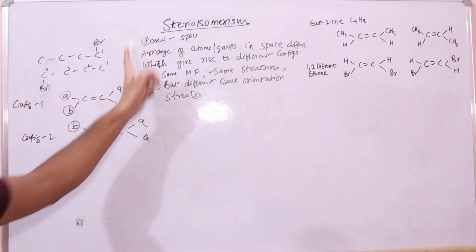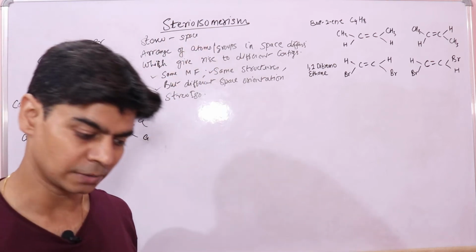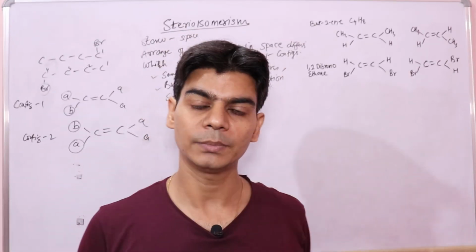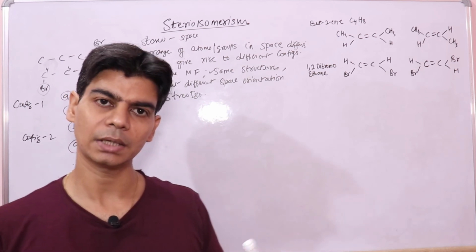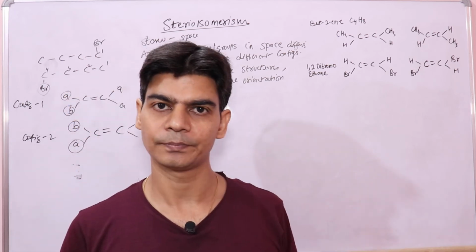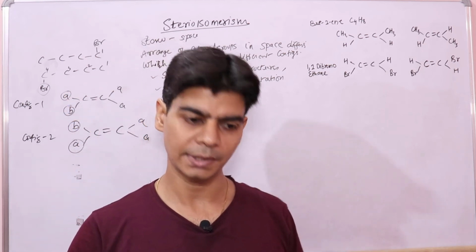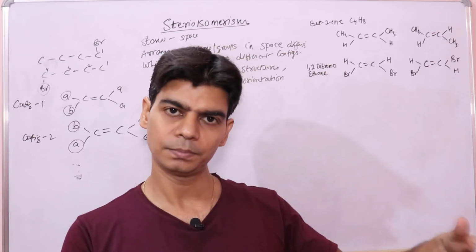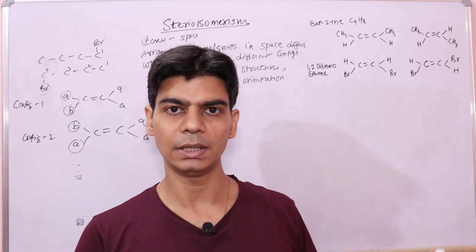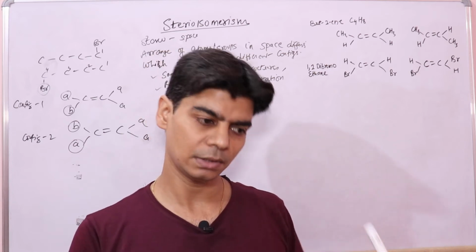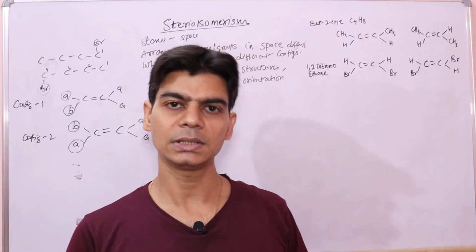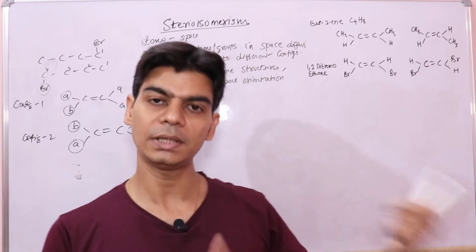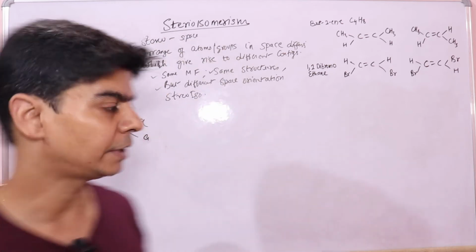So, whenever we are talking about any type of stereoisomerism, just look from the perspective of how atoms are arranged differently in space or around a double bond, right, or around any atom. You can see how some atoms are arranged differently. They are connected similarly. The connections are same, but the orientation would be different, right?